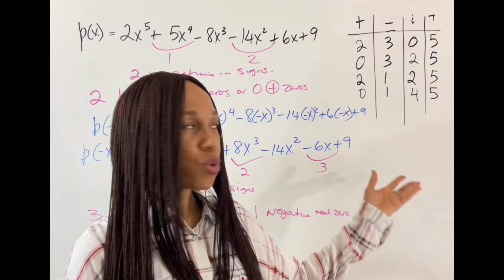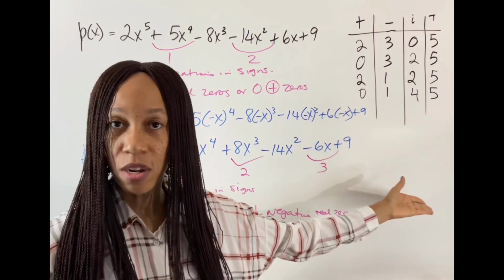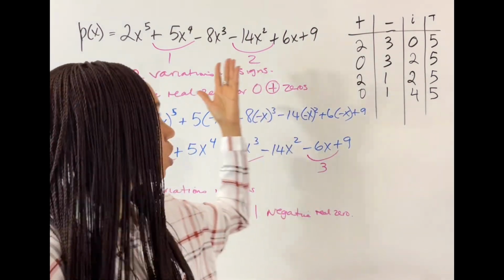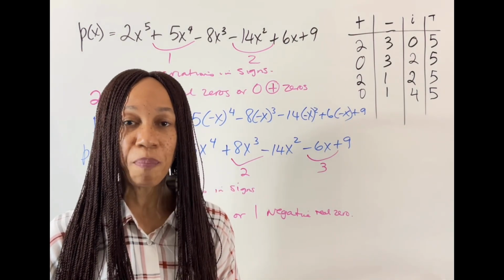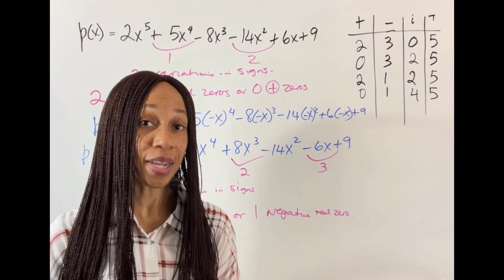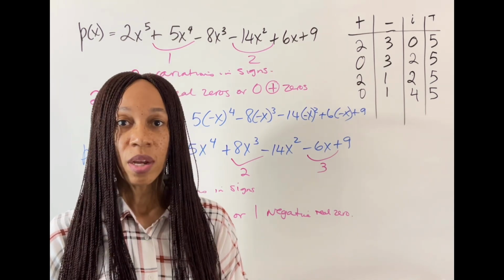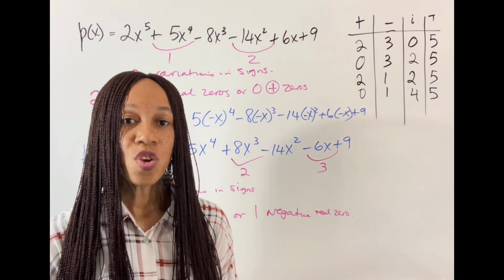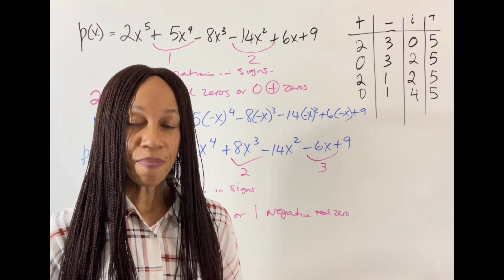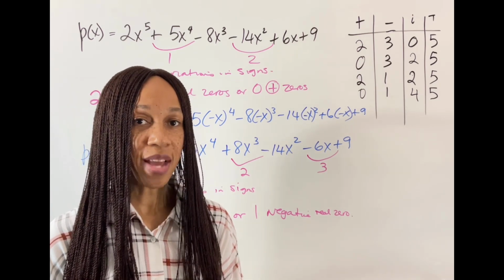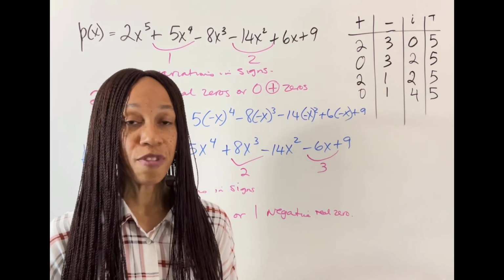So now that you have your column there and you use the Descartes Rule of Signs to determine your possible positive or your possible negative or your complex zeros, you can also go further and simplify this if you're asked to find the actual zeros of the polynomial.